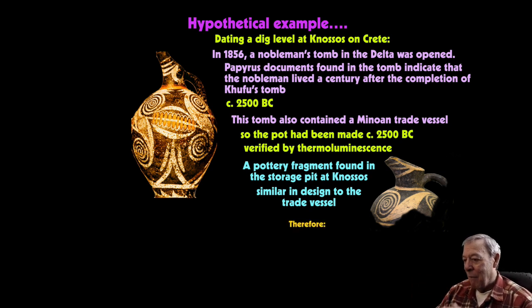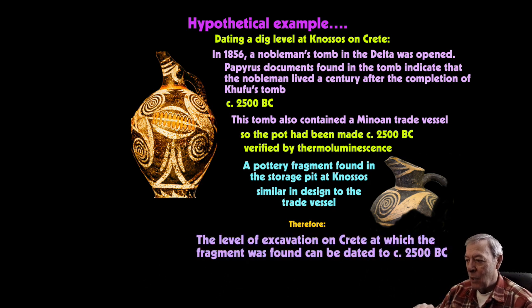Therefore, everything at the level of excavation on Crete at which that fragment was found can be dated to 2500 BC. Okay, so that's the method by which archaeologists arrive at dating objects, and then looking at the style of things and comparing them to the style of other things that have been discovered in other places of a known date and so on.